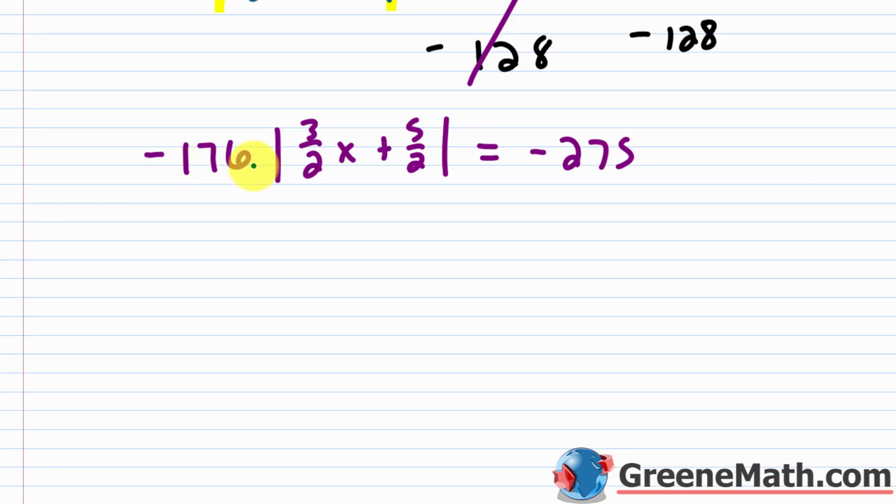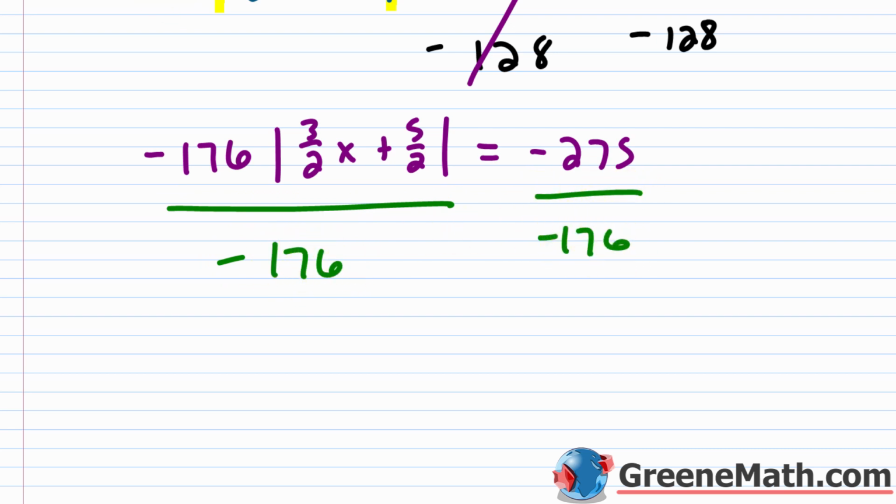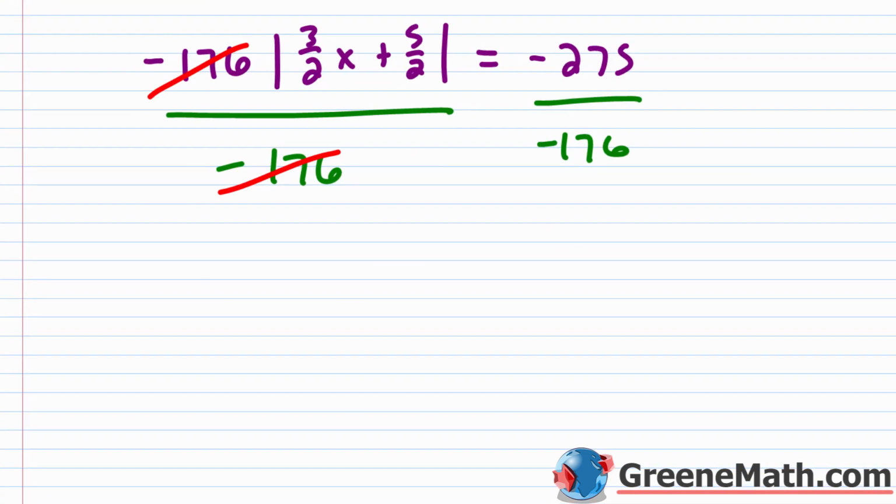We have this negative 176 times the absolute value of 3/2 x plus 5/2. This is set equal to negative 275. So let's divide both sides of the equation by negative 176, like this. And so this is going to cancel. And we'll say that we have the absolute value of 3/2 x plus 5/2. And this is equal to, negative divided by negative is positive.